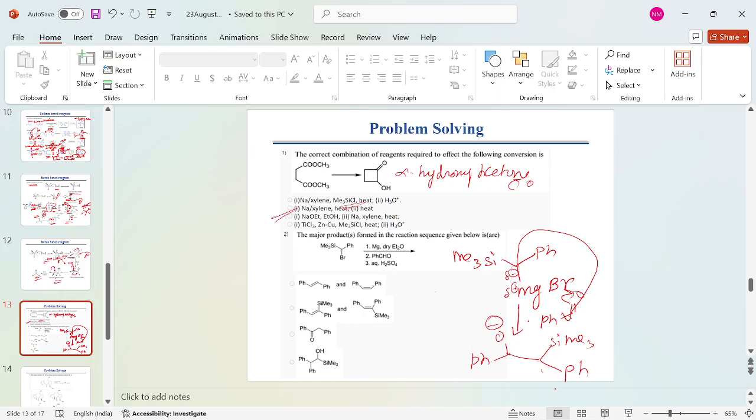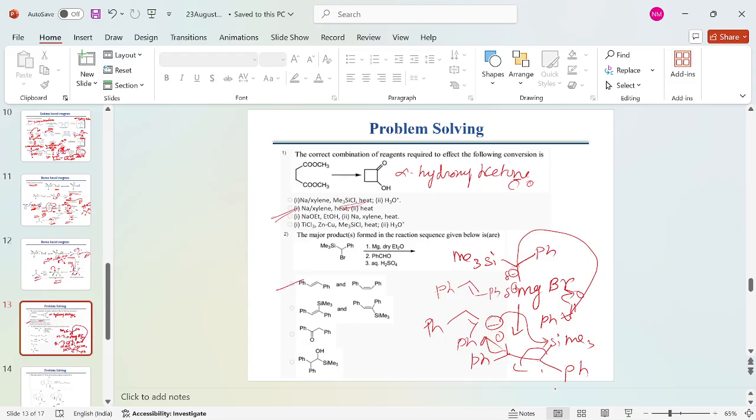Right? So now in presence of aqueous medium or H2SO4, this O minus can react with the silyl. So a 1,2 group rearrangement happens. It will go like this way and leave in this, or the other way, it can react in the trans fashion, so giving the trans stilbene.